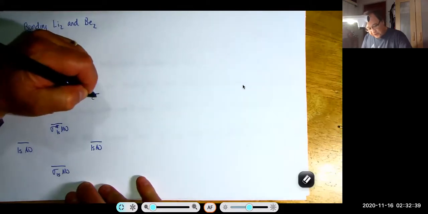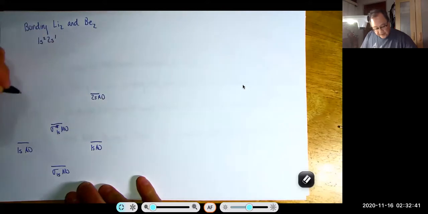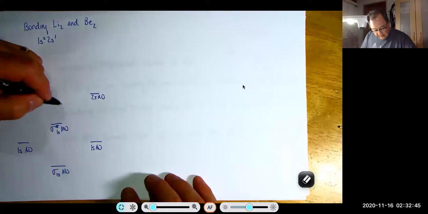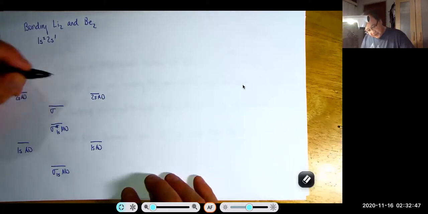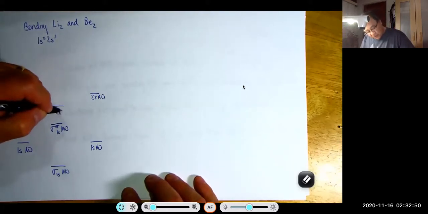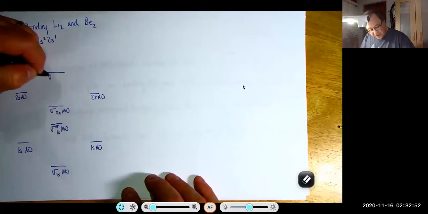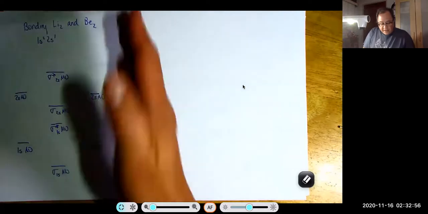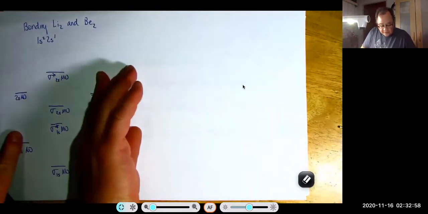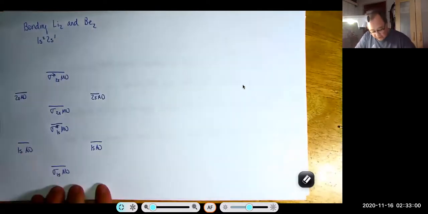So this is a 2s atomic orbital, and this is a 2s atomic orbital. And these two are going to make a sigma 2s molecular orbital and a sigma star 2s molecular orbital. So remember, on the outside, these are atomic orbitals, and on the inside, these are molecular orbitals.